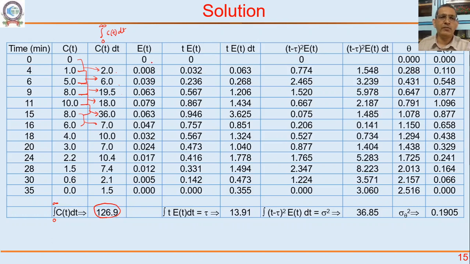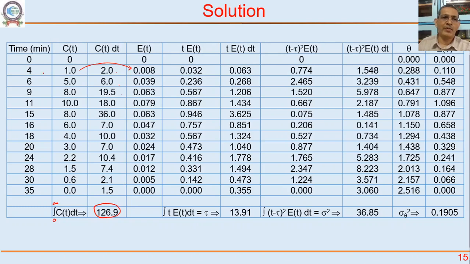So the E curve would be the concentration at time t divided by the integral from 0 to infinity of C dt.